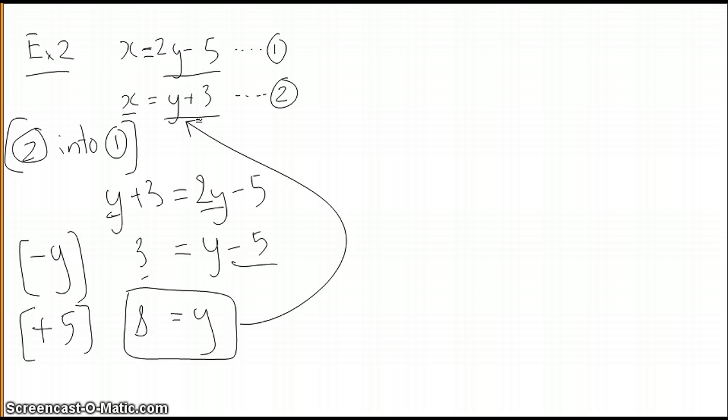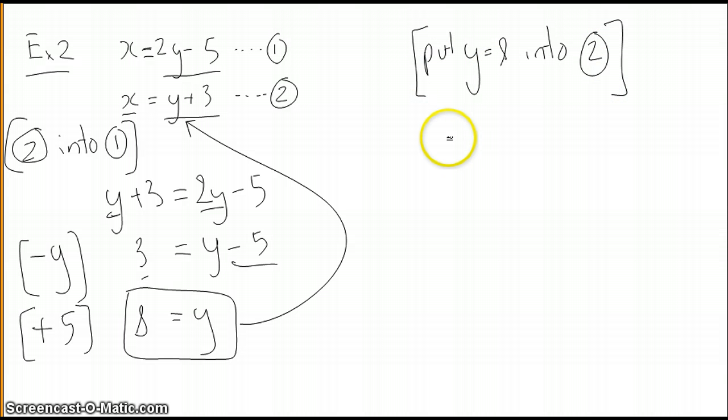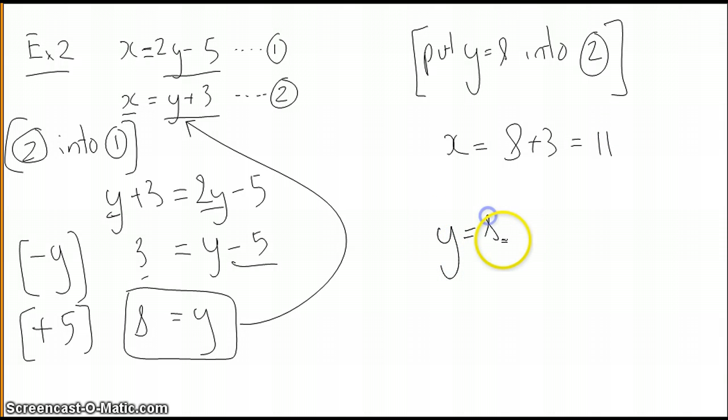Equation 2 looks the simplest, so put y equal to 8 into equation 2, and x must equal 8 plus 3, which is equal to 11. So my solution is y equals 8, x equals 11.